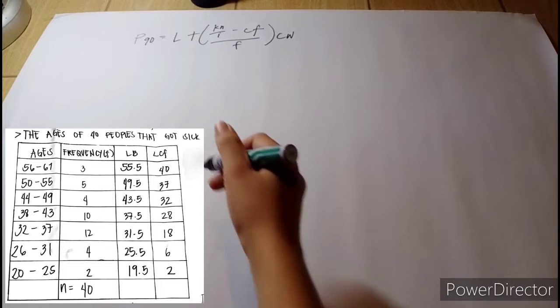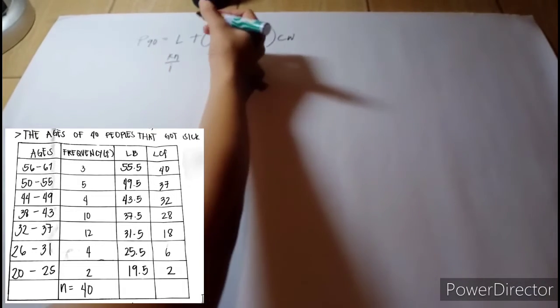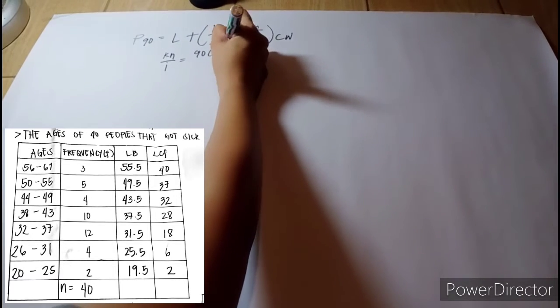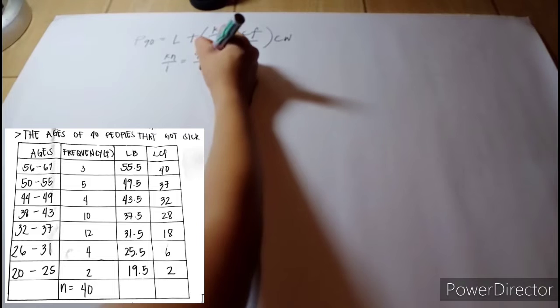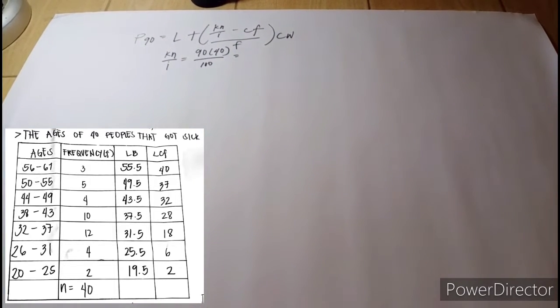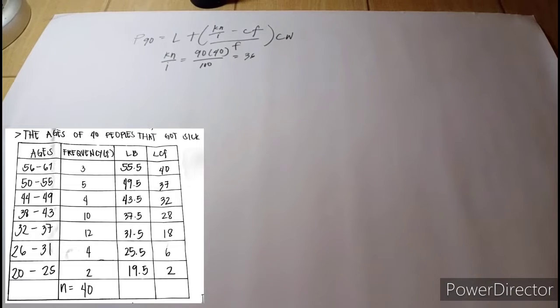So Kn over I is 90 times 40 divided by 100, that is 36. So 36 is in between 32 and 37. So 37 is what we need.